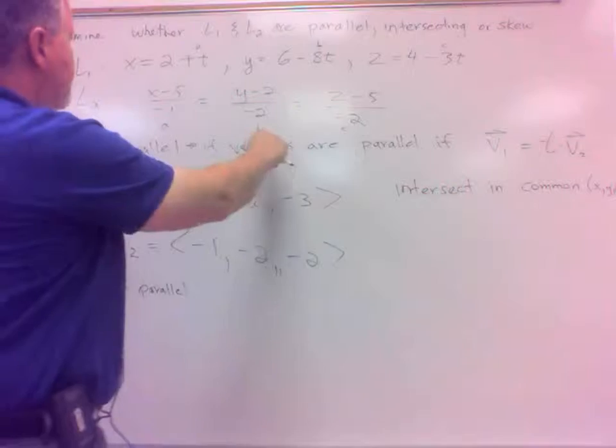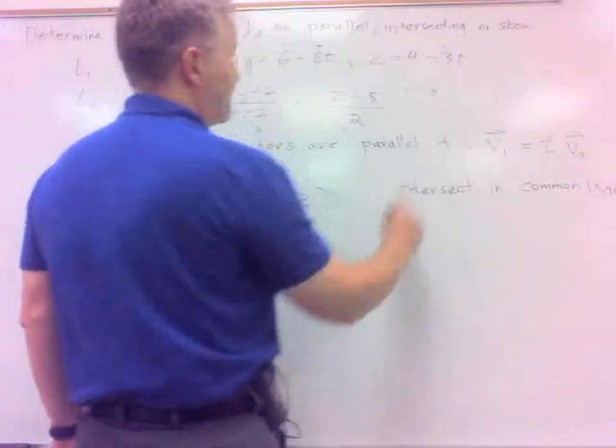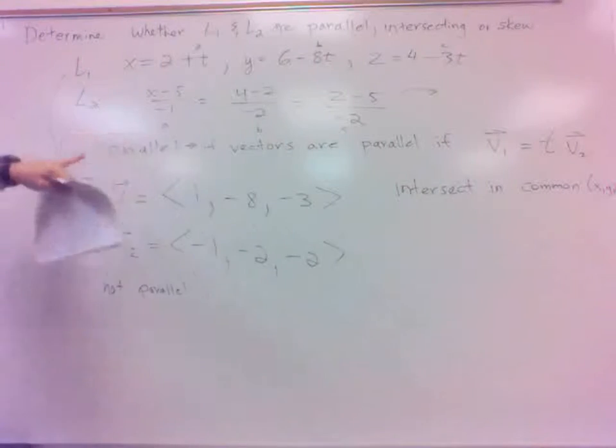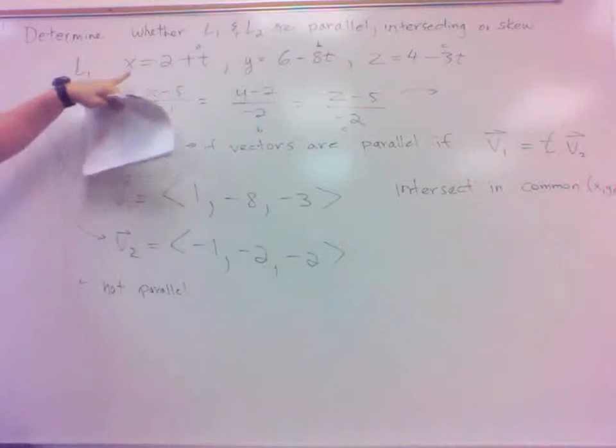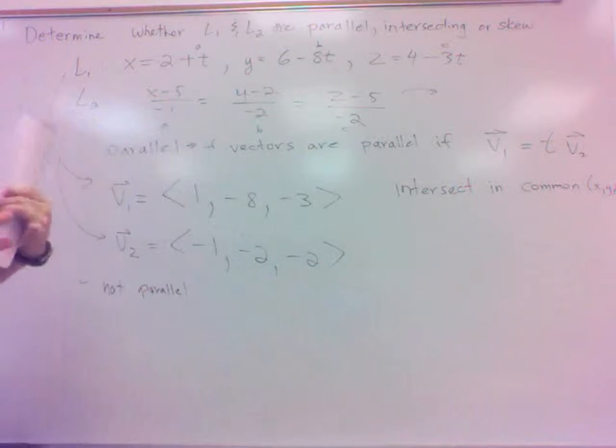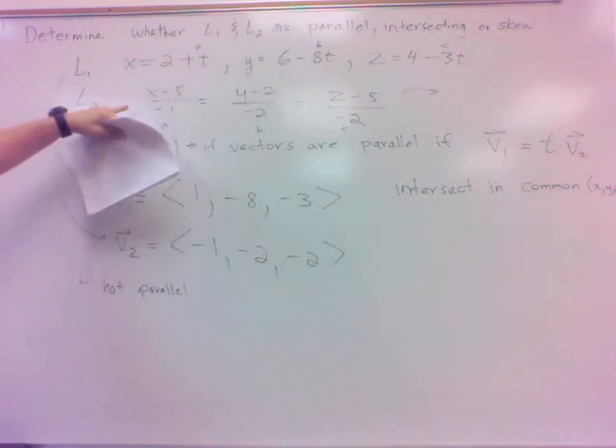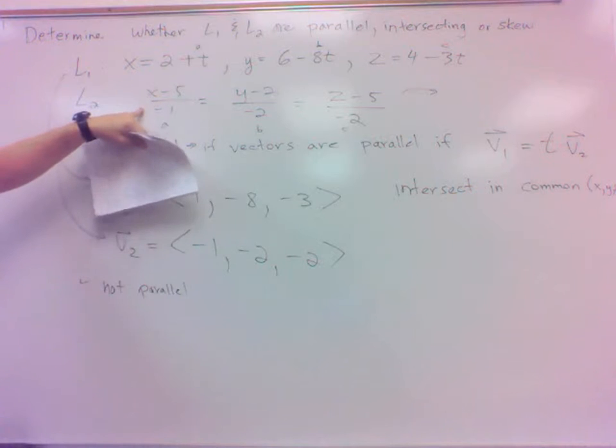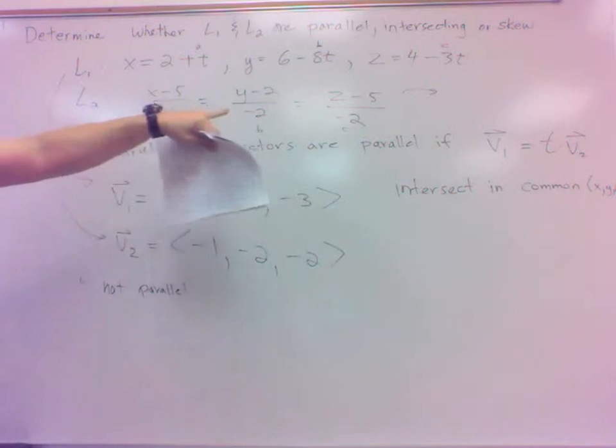Let's reformat here. The other way they'll list line 2 is, instead of using T, they'll use S, so we can make a distinction between these two lines. And remember, all three of these are equal to the parameter.